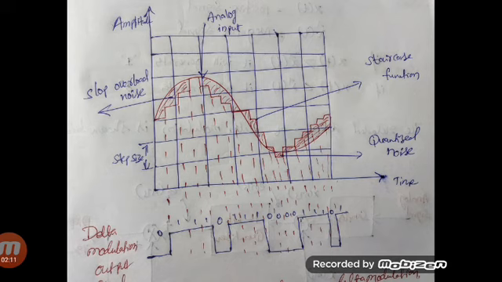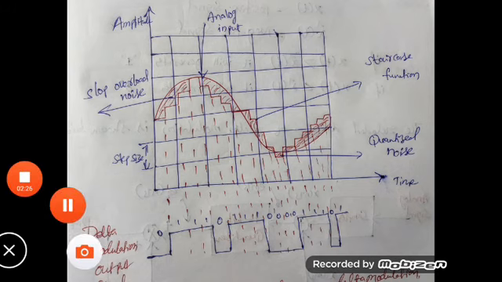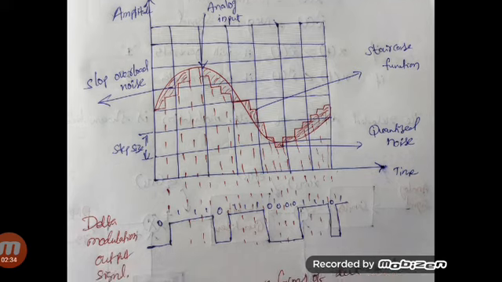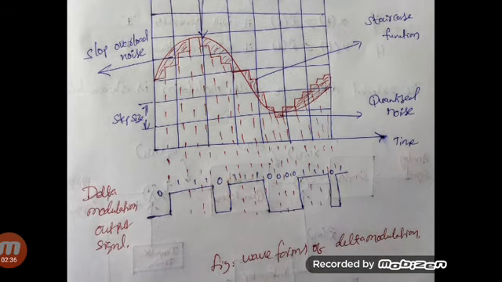And then after sampling, the step size pulses are converted into digital form with the code of high states and low states, high states and low states, that means ones and zeros. So this is the digital information.